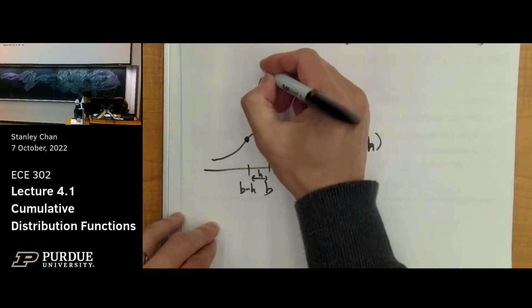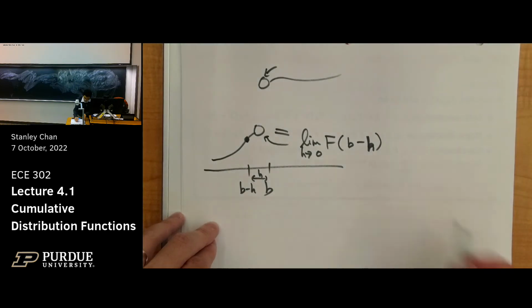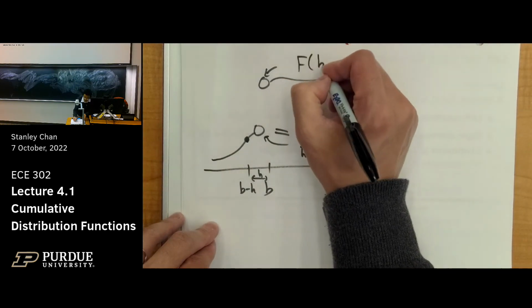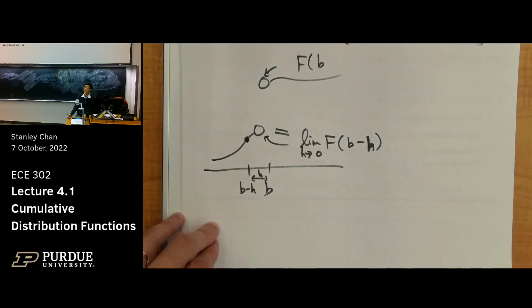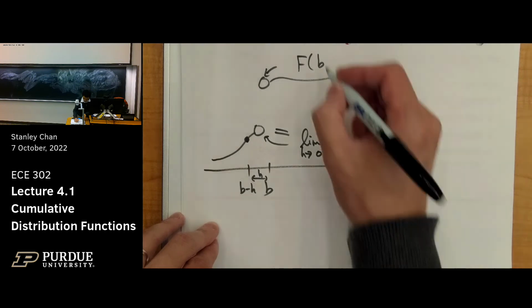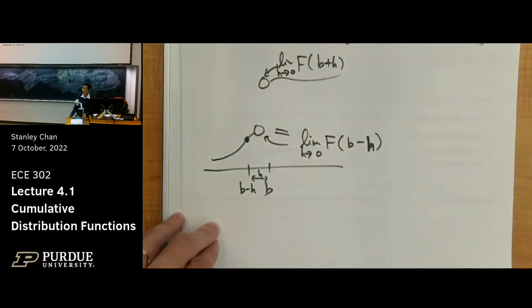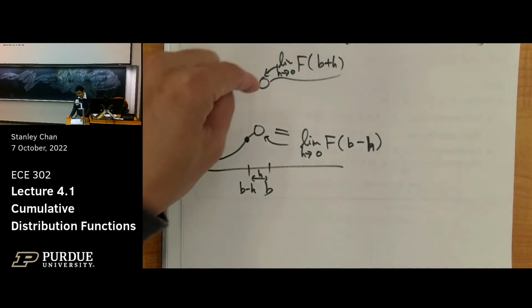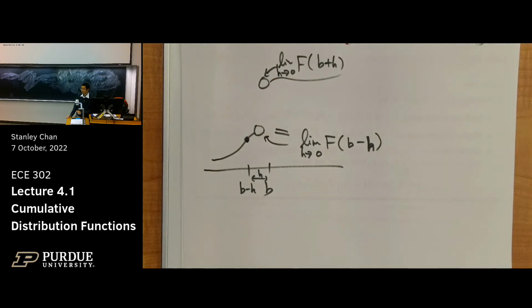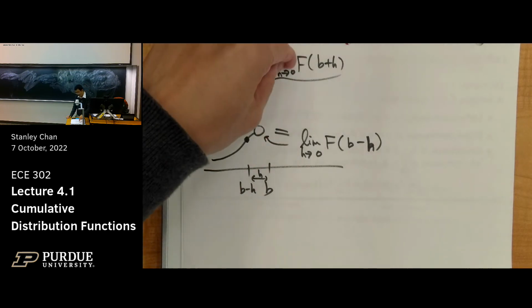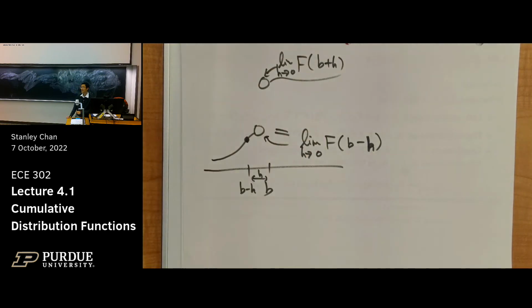Then you can imagine, what is the value of this point? It will be f of b plus h, and then take the limit of h going to 0. That is the value at this point. Now, if I tell you that this limit equals that limit, how can that happen?